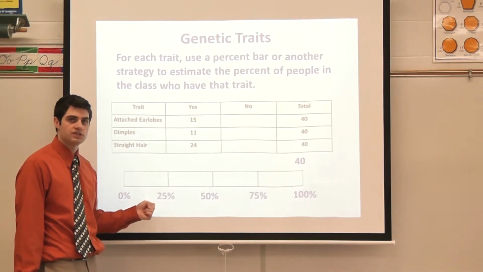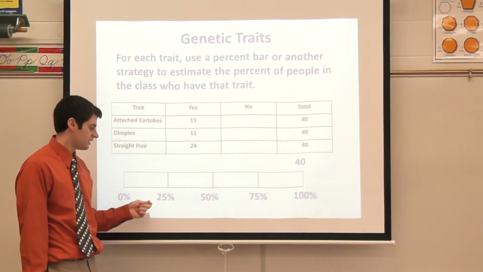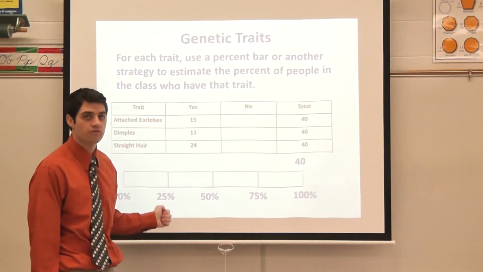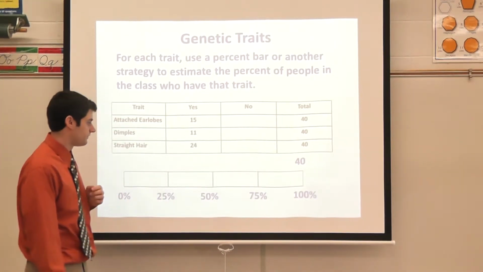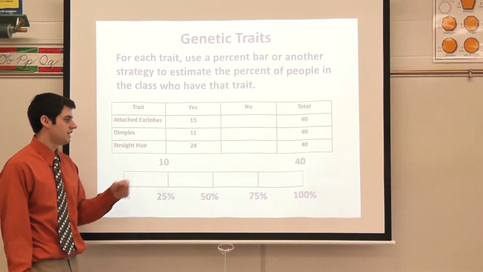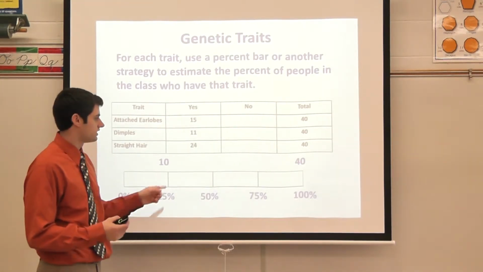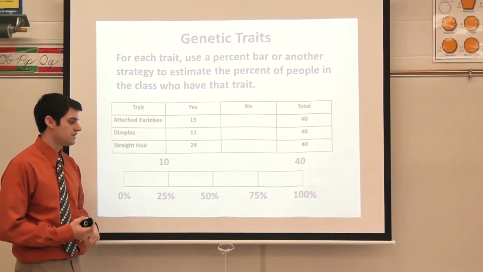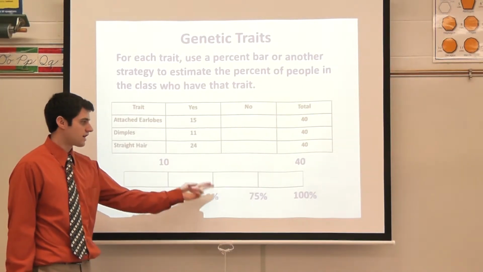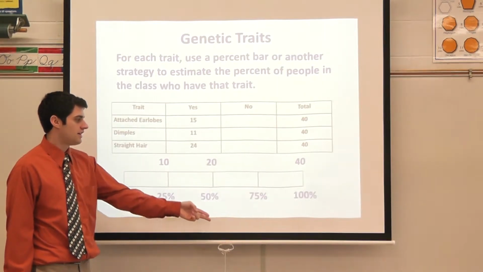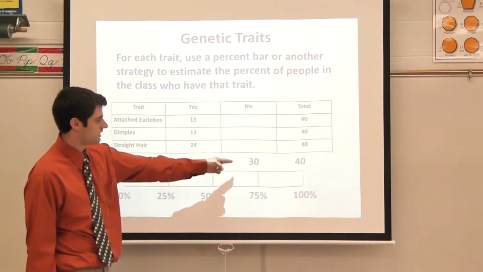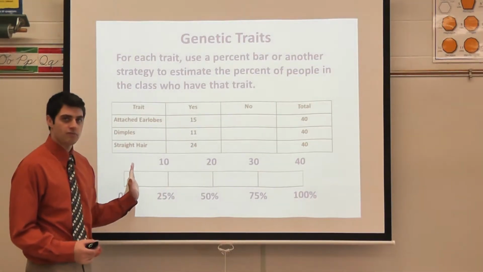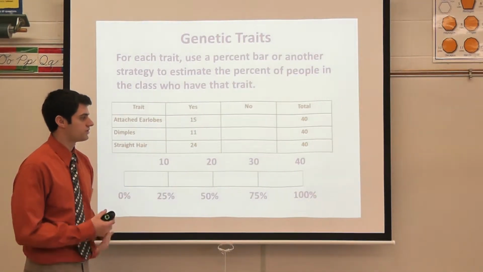Or, when working with percents, I can type into the calculator 0.25 times 40, because it's 25% of 40. Using either one of those methods, it's going to give me 10. 1/4 of 40 is 10, or 25% of 40 is 10. Then I know that 50%, or half, is going to be 20, and 3/4 or 75% is going to be 30. So I just filled out my percent bar here with my total number of students.